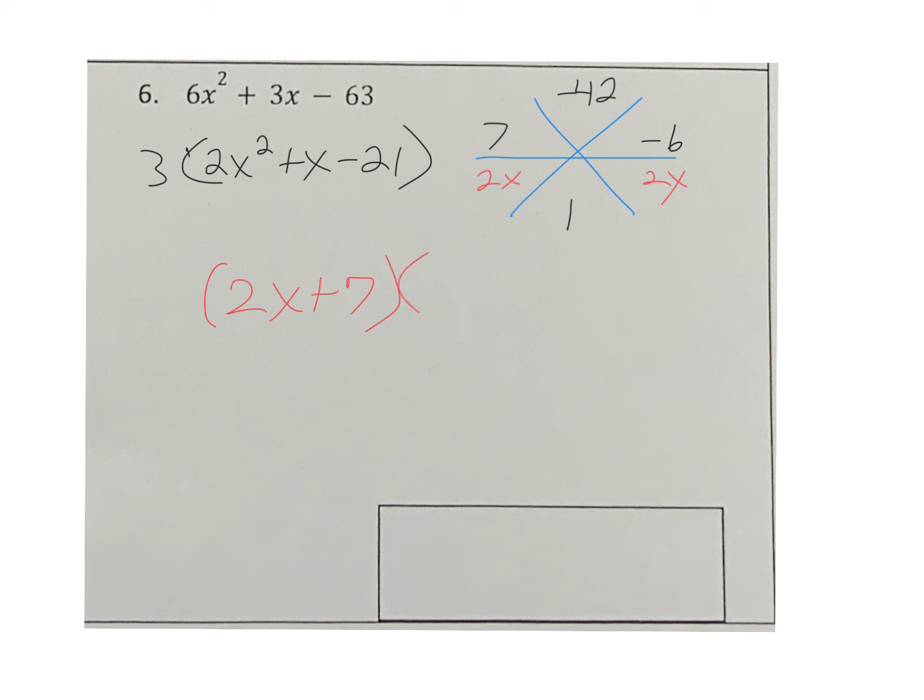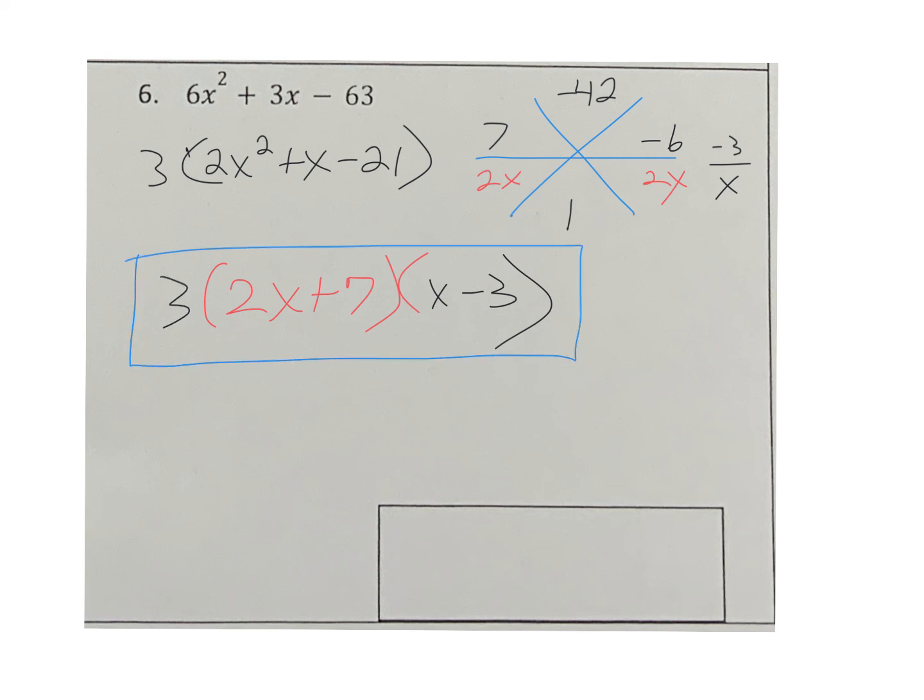And also, on this 2x minus 6, we could factor that to negative 3 over 1x. So that's going to be x minus 3. And then don't forget the 3 at the beginning. So that would be our factored form.